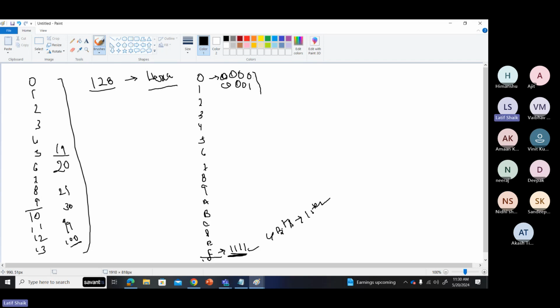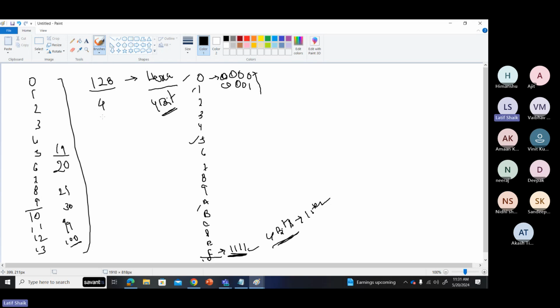If you want to represent hexa 0, hexa 1, hexa 5 or hexa A, it requires 4 bits. Whatever the value, one single hexadecimal is equal to 4 binary bits.